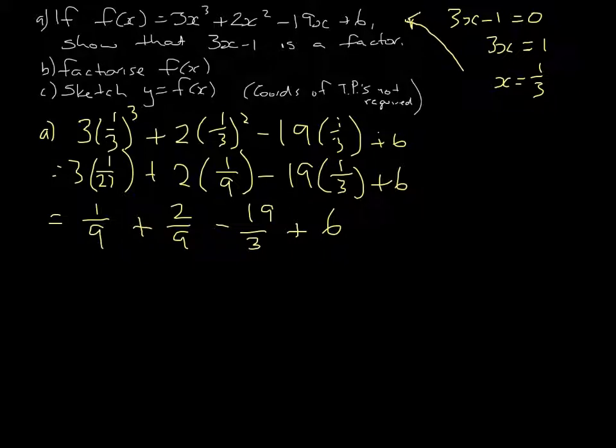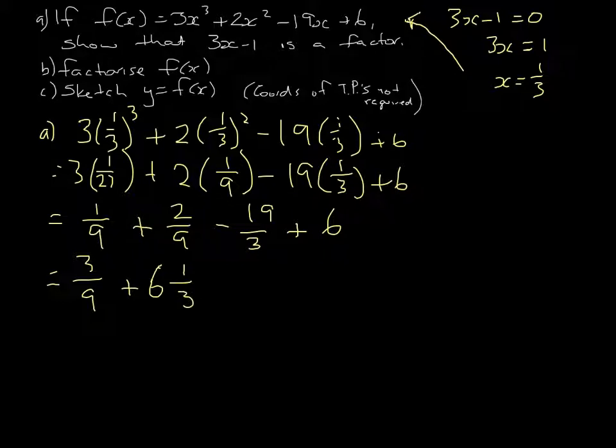So if we keep going with this, 1/9 plus 2/9 is 3/9. Then take away 19 over 3, which is 6 1/3. 3 goes into 19 6 times with 1 remainder.